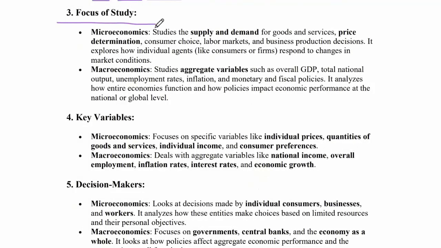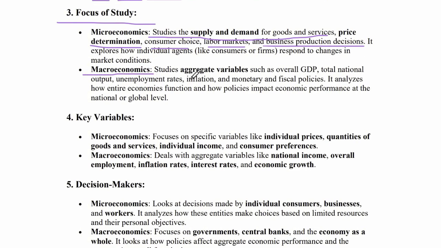Let's look at its focus. Microeconomics studies the supply and demand for goods and services. It's the same thing but said in a different way. Price determination, consumer choice, labor markets, business production decisions. It explores how individual agents like consumers or firms respond to changes in market conditions.